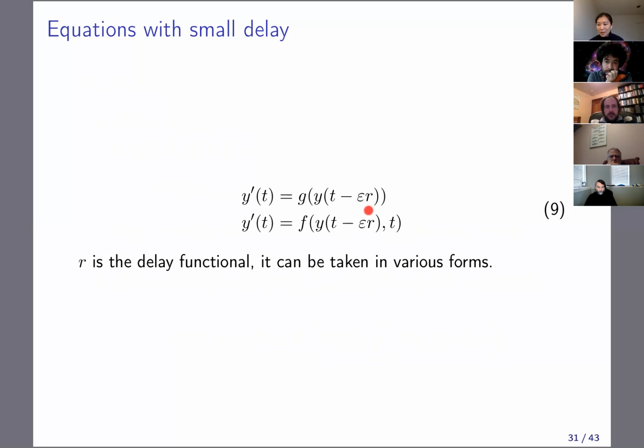Here the delay function R is the delay functional. It can take many forms: it could be a constant, it could be time dependent, it could be state dependent, as long as it satisfies the two assumptions. Basically, we need propagated bounds and the C0 Lipschitz property.